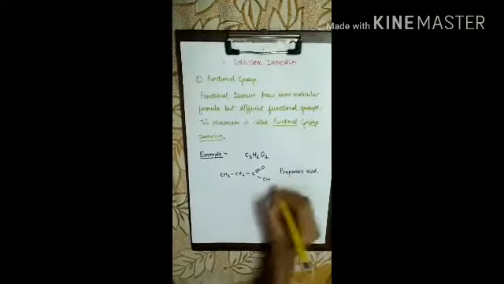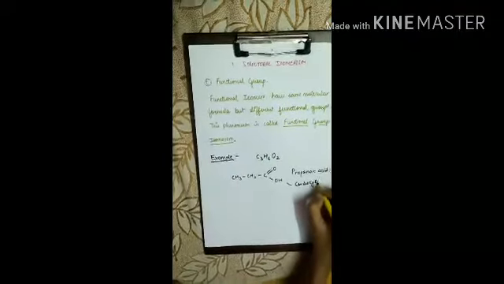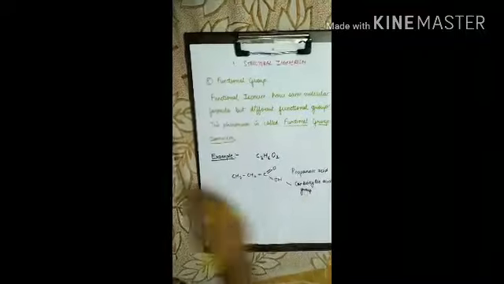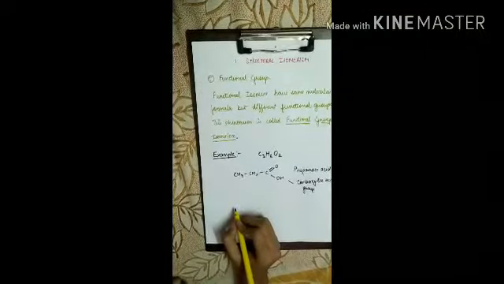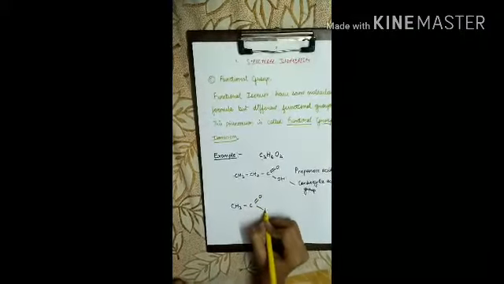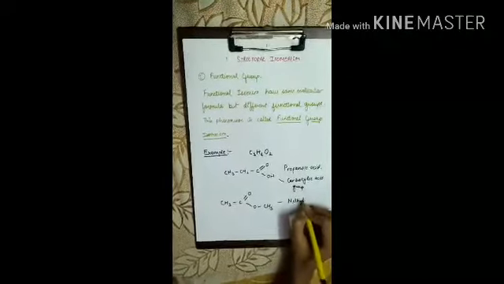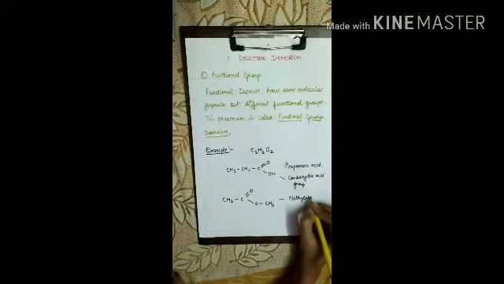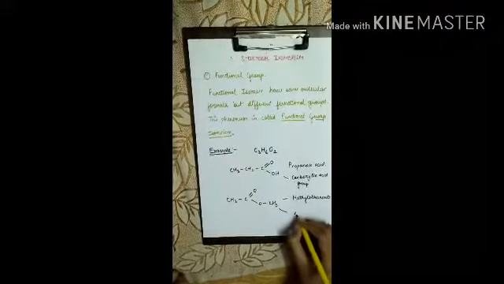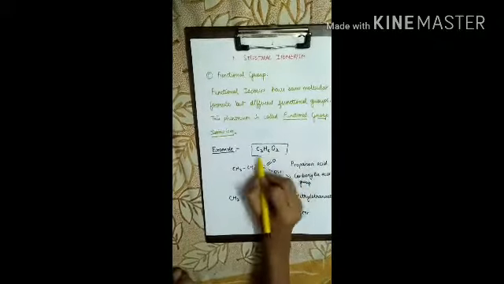Propanoic acid has the functional group carboxylic acid. The second isomer is methyl ethanoate, which has the functional group ester. Thus, C3H6O2 has two functional group isomers.